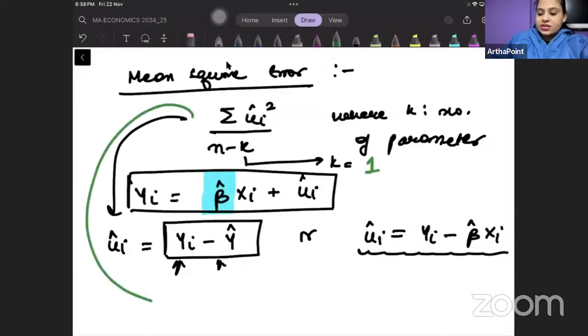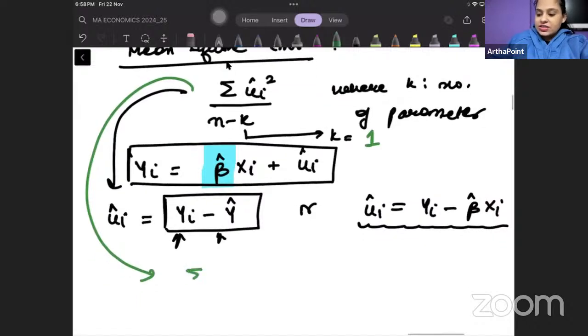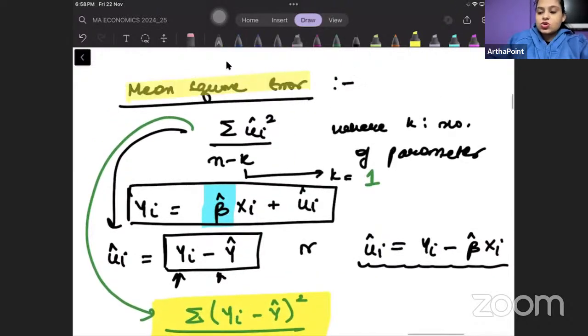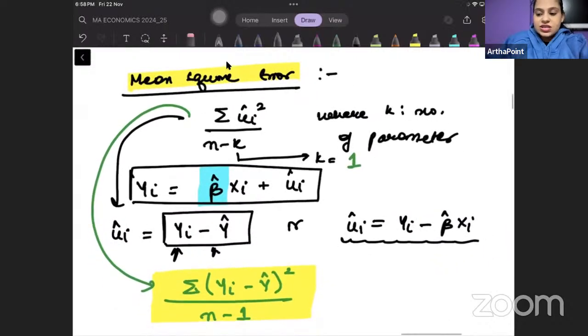So I can write this formula again, and I can say summation yi minus y hat whole square upon n minus 1. This will be mean square error term. This is what they're asking. So this statement is true.